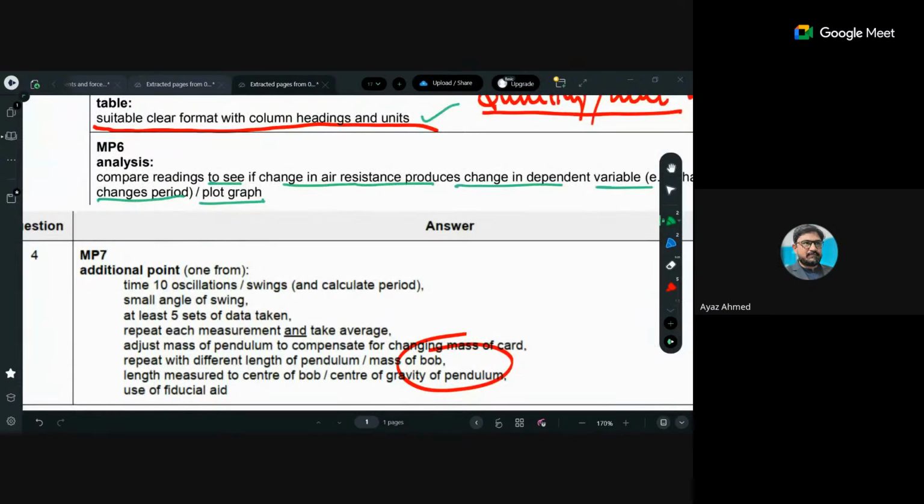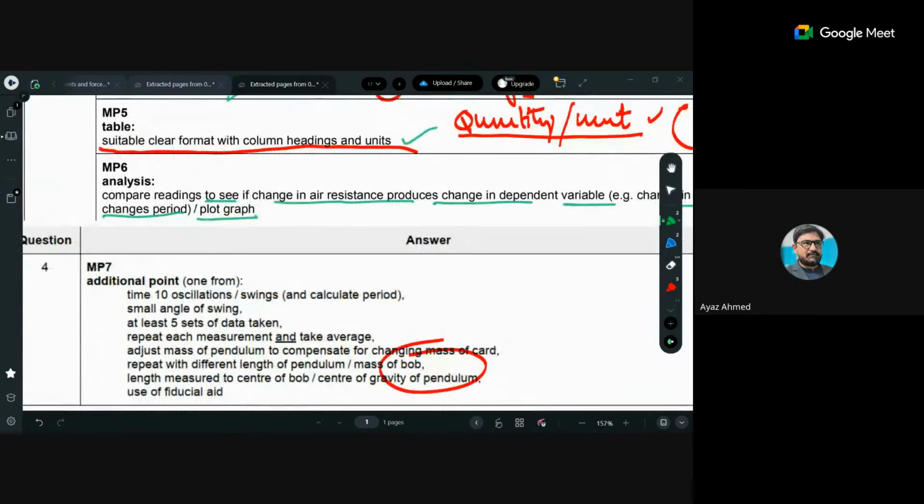In additional details, one from the additional: about 10 oscillations are swung to calculate the time period. We did not write that one. Small angle of swing, we did not write that one. At least 5 sets of data taken. Yes, we did that. Repeat each measurement and take average. We did that.